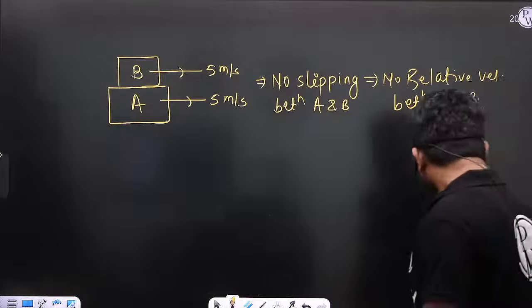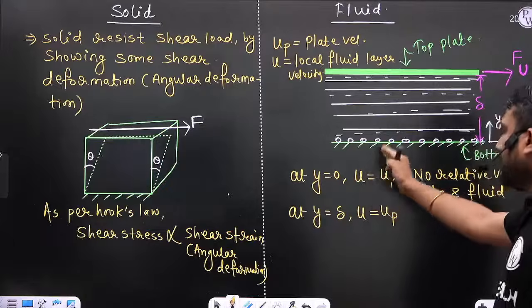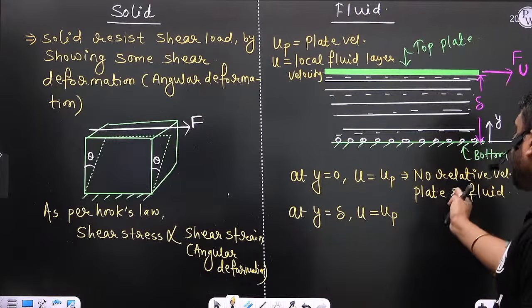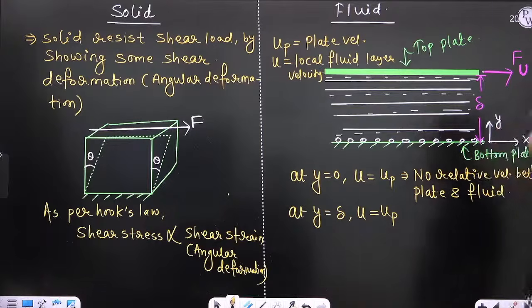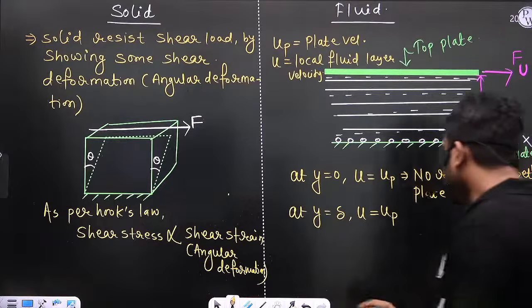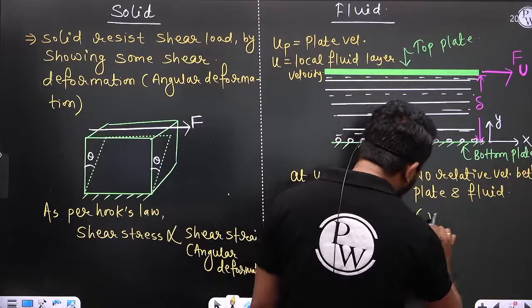Same thing is here. If I say at y is equal to 0, the fluid layer velocity is equal to the plate velocity, that means there is no relative velocity between the plate and the fluid. The same thing is applicable here also.